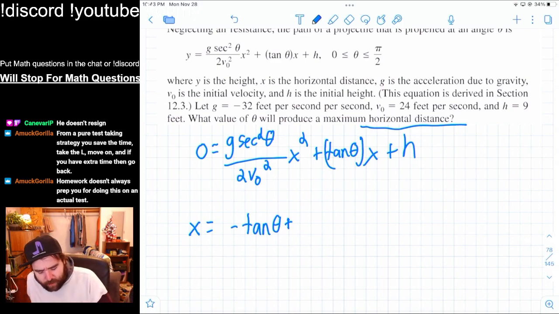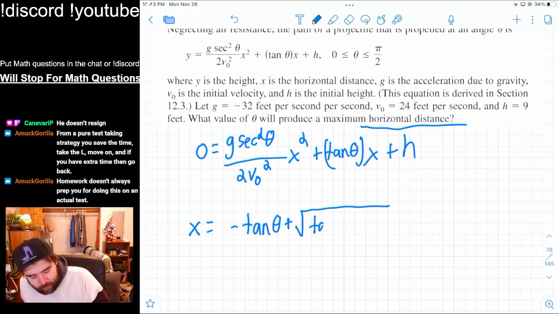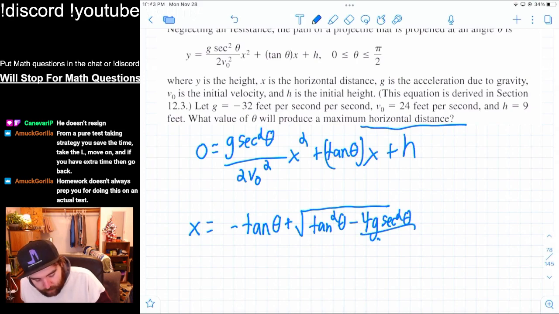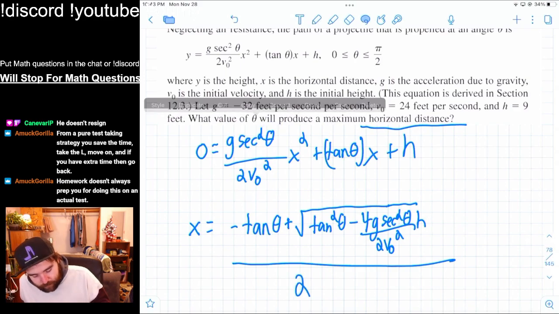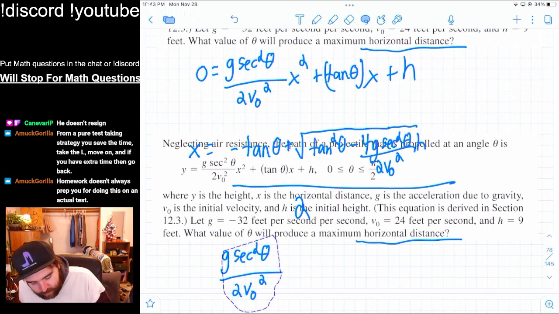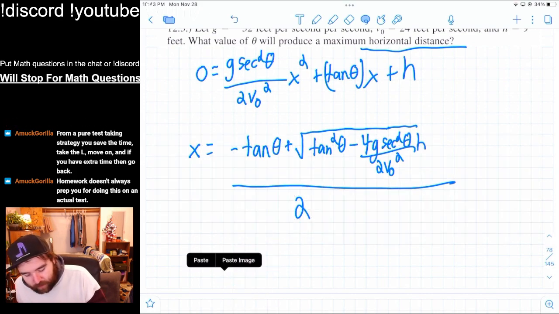So negative tan of theta plus the square root of b squared, so tan squared of theta, minus 4ac, 4g secant squared of theta over 2 v naught squared times c times h, all over 2 times this entire fraction. And then frankly, we kind of just did more work than we really needed to do.